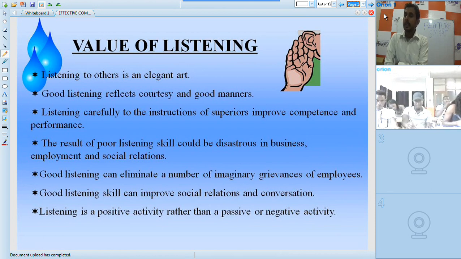Good listening skill can improve social relations and conversation. Good listeners can make a good relation with the society or make a good conversation for the growth of the society.